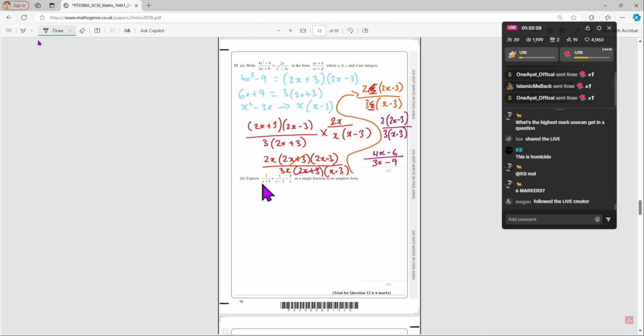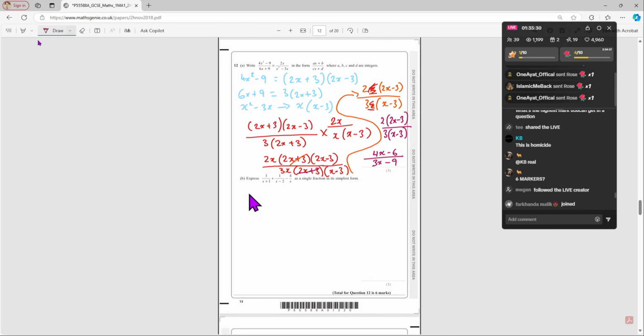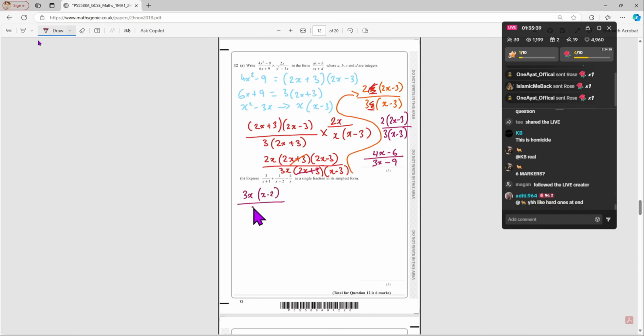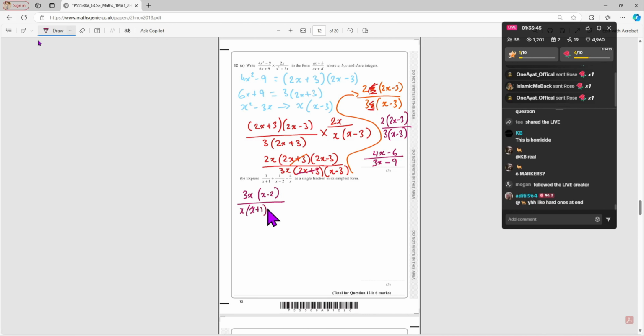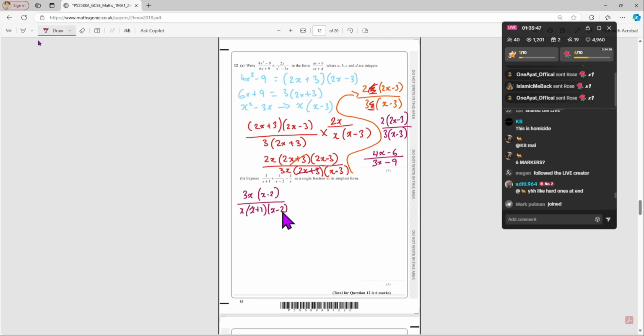So we're going to get 3x, and then x minus 2 over x plus 1 over x minus 2. Basically, we're multiplying the numerator and denominator to get the common denominator, okay?